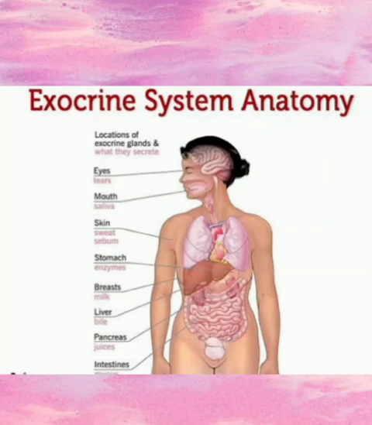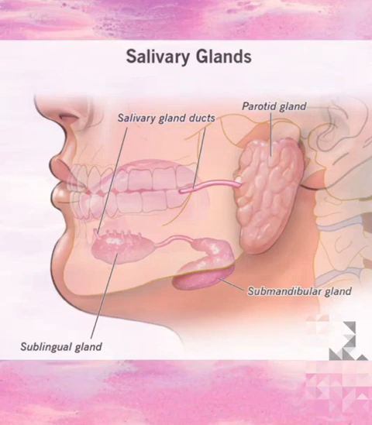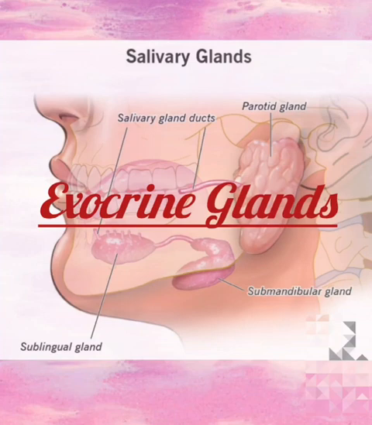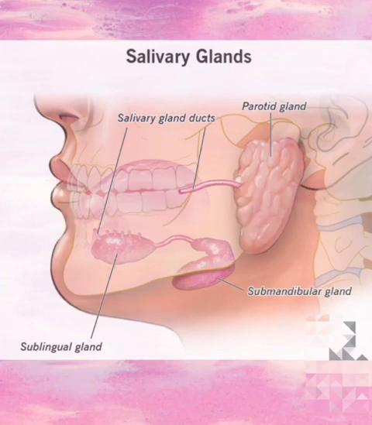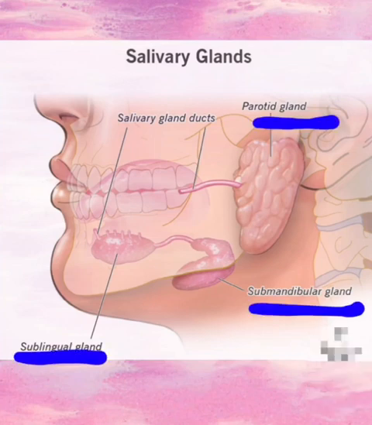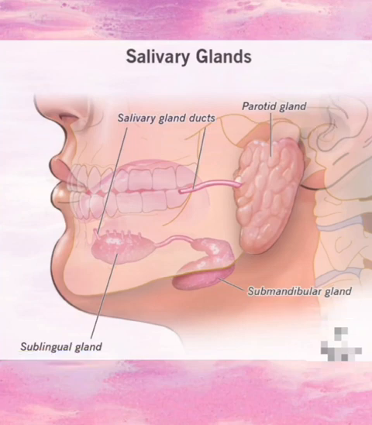So here we are concerned about the salivary glands. Salivary glands are a kind of exocrine glands. Students, the saliva is secreted by three pairs of salivary glands: parotid, submandibular and sublingual.